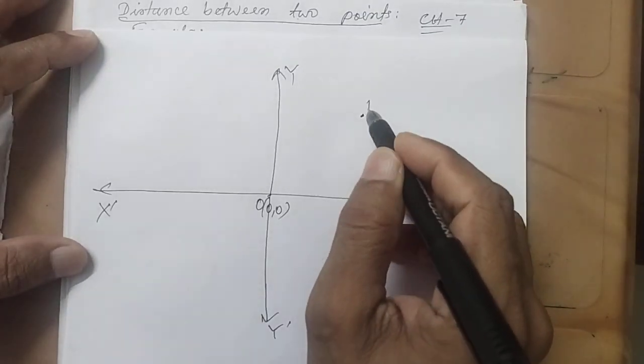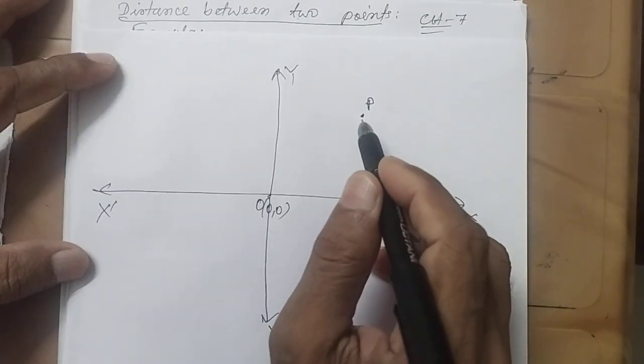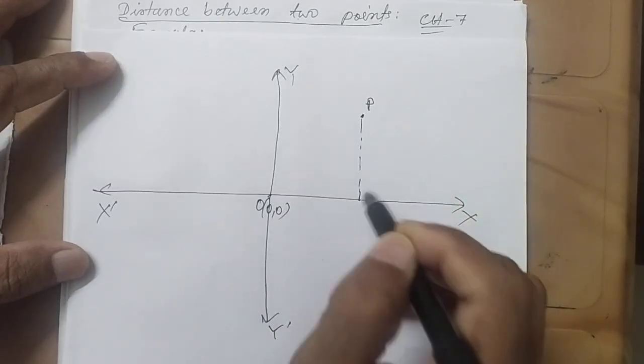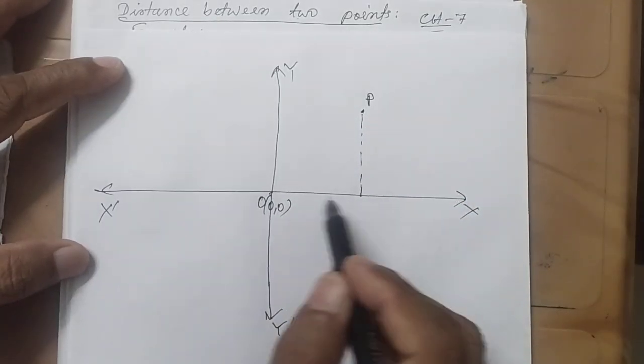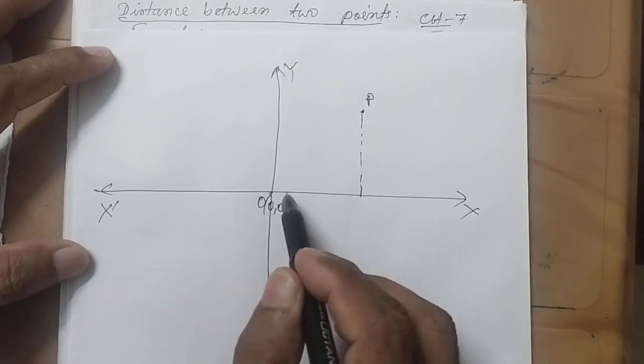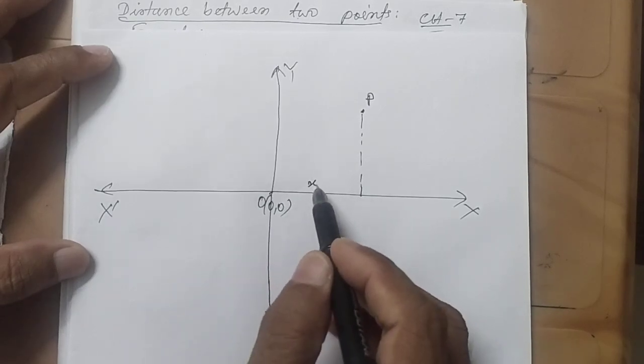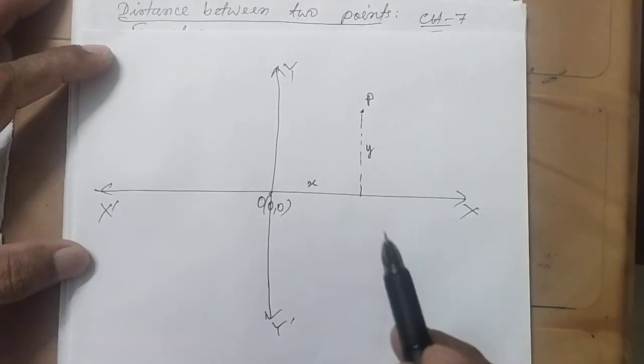If we take any point on the plane and draw a perpendicular on the x axis, then this horizontal distance is represented by x, and the vertical distance is represented by y.